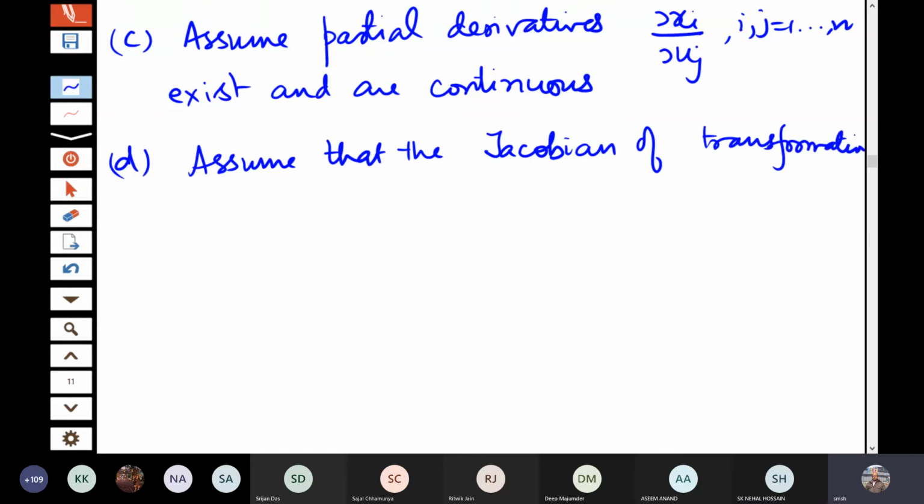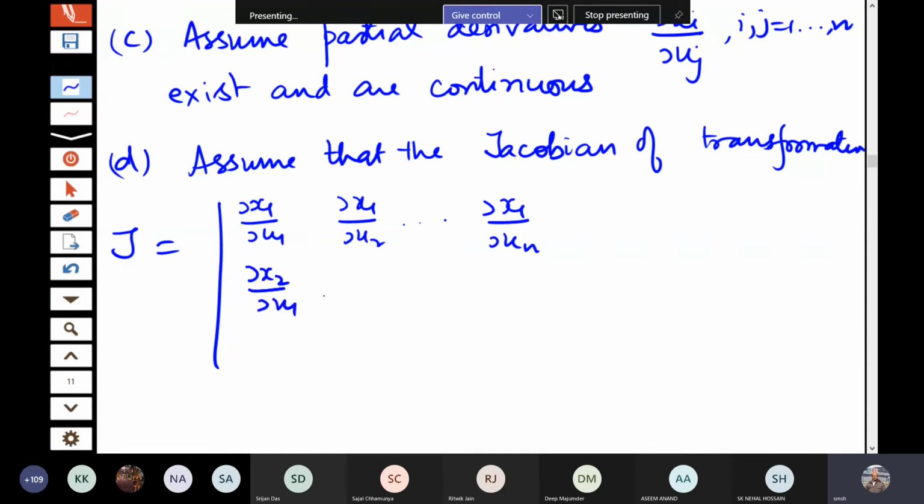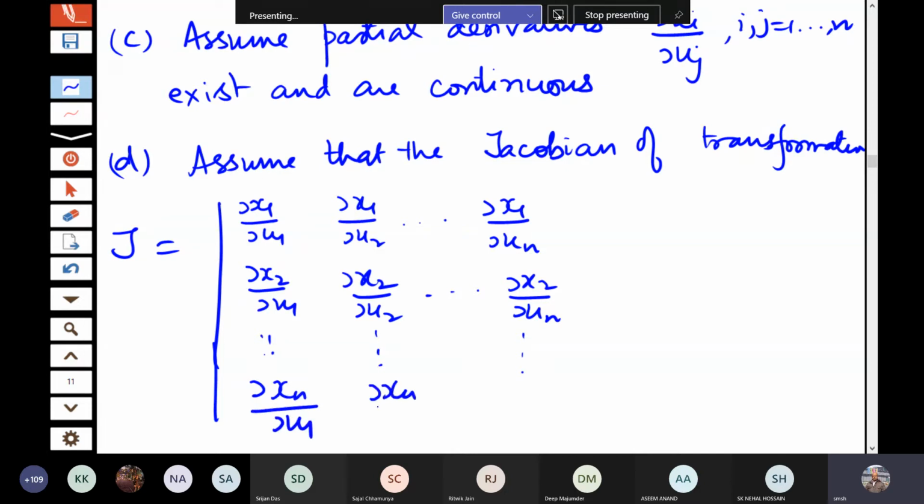So we consider the Jacobian of the transformation. What is that Jacobian? It is nothing but the determinant of the partial derivatives: del x1 by del u1, del x1 by del u2, and so on, del x1 by del un, del x2 by del u1, del x2 by del u2, and so on, del xn by del u1, del xn by del u2, and so on, del xn by del un.